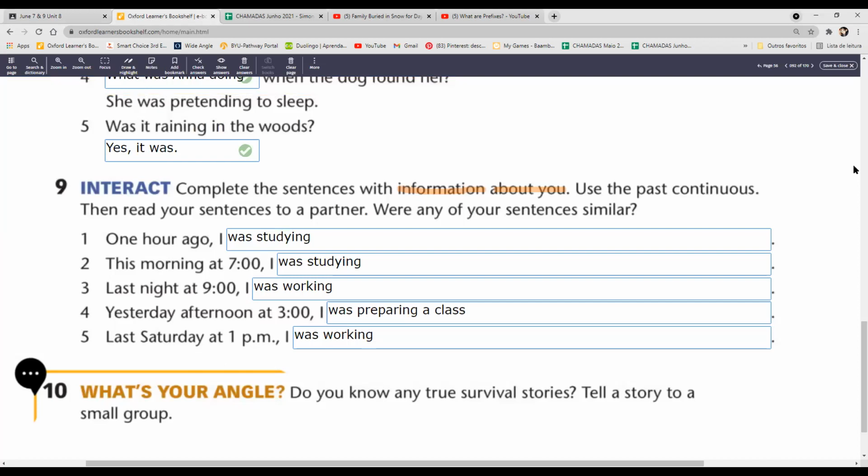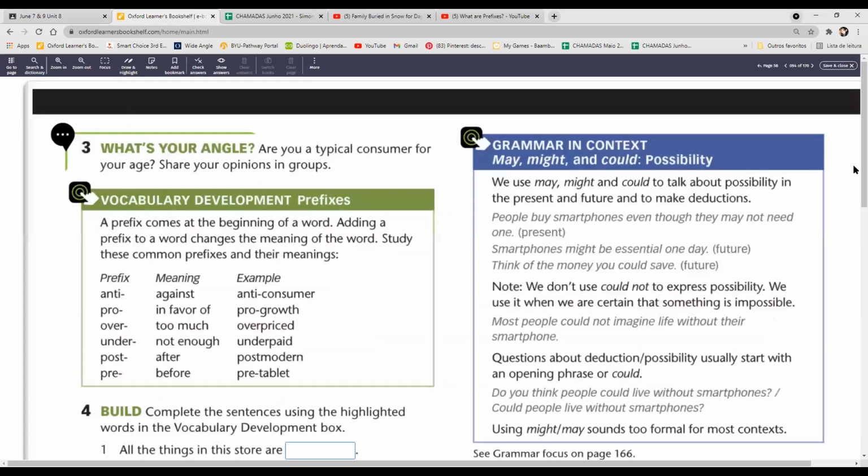Let me just make sure we have the right page. 94. Okay, guys, here we are. I think now we are on the right page, the right book, everything right. Yes, can you see that?